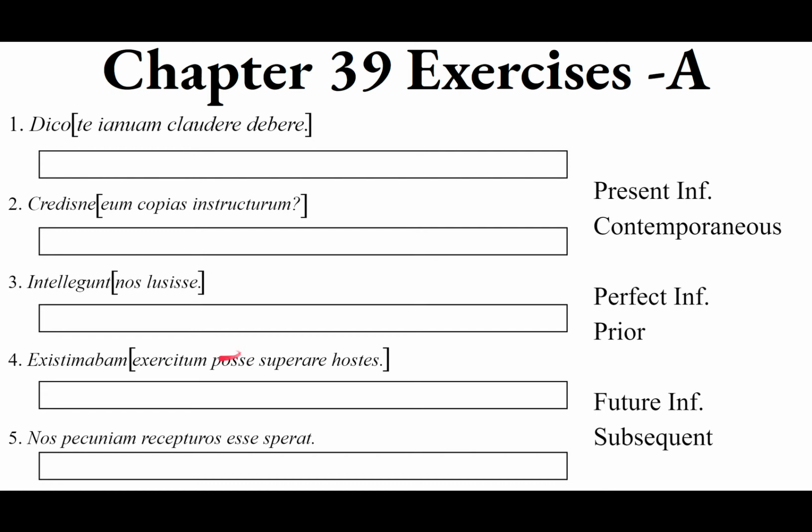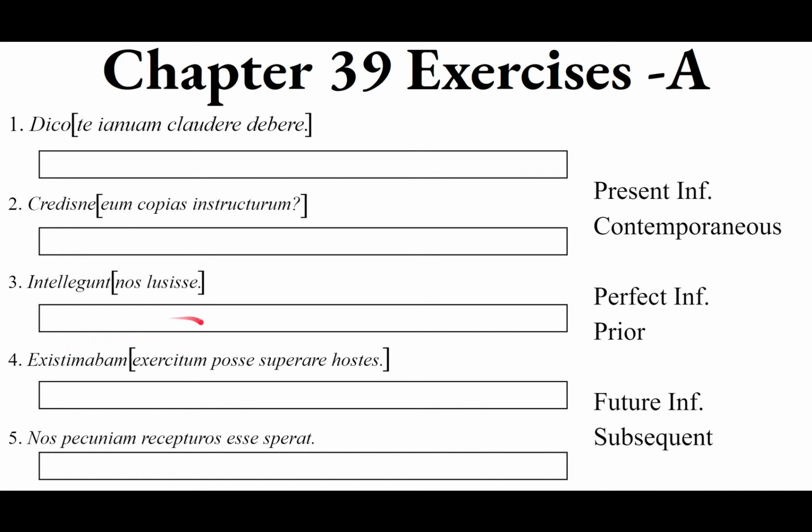Posse. Posse has got to be your main verb because it screams out for a complementary infinitive, and that's going to be superare, to be able to overcome, to defeat, surpass the hostes, the enemy. So this will be the accusative direct object. Word order is a thing here.